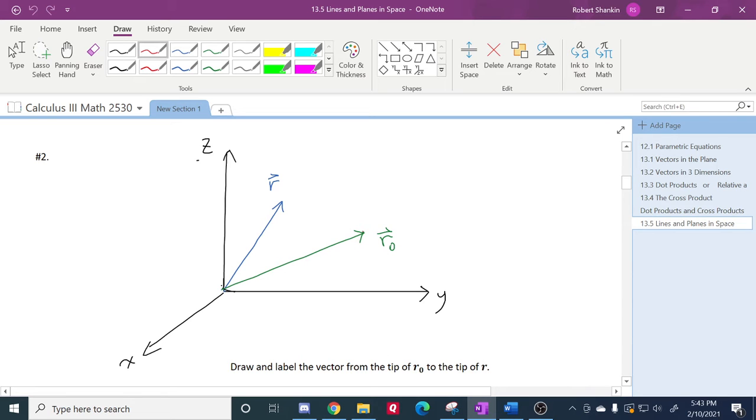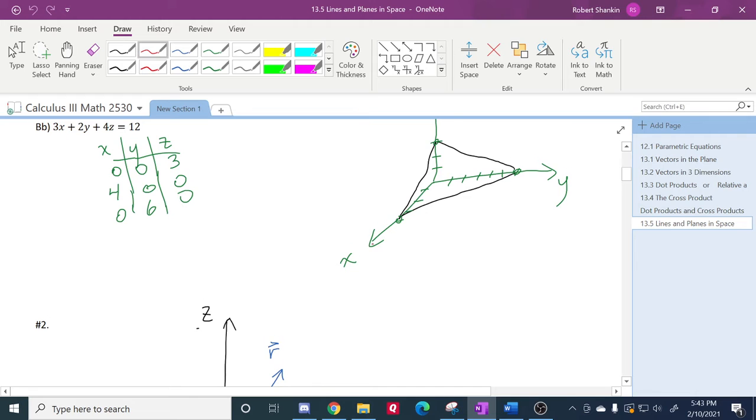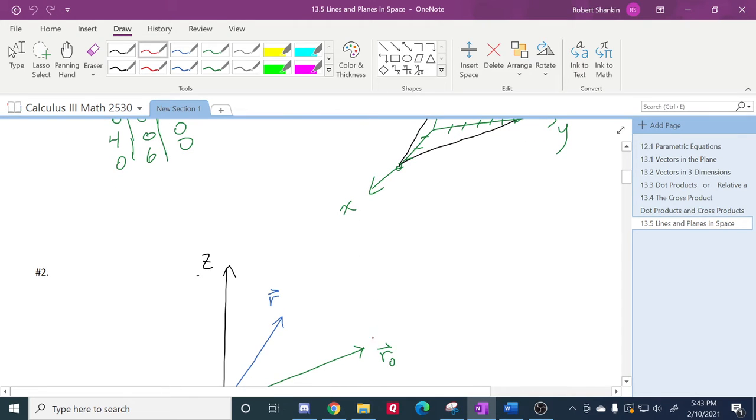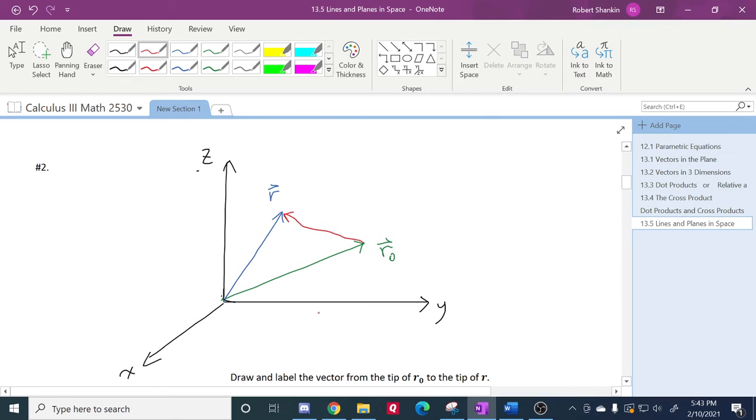From the tip of R0 to the tip of R, the vector has to go in that direction. Okay.